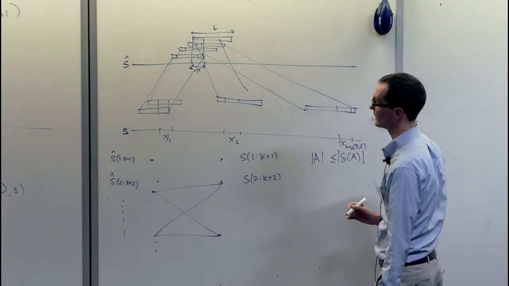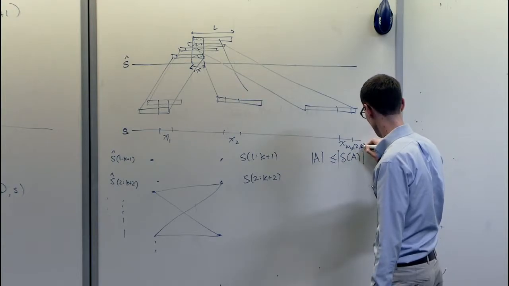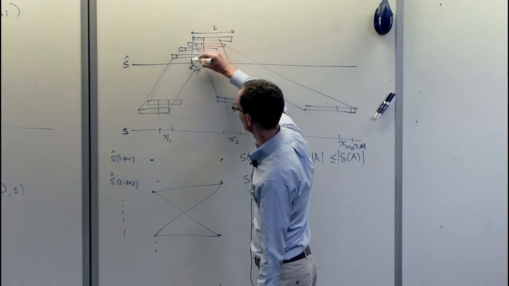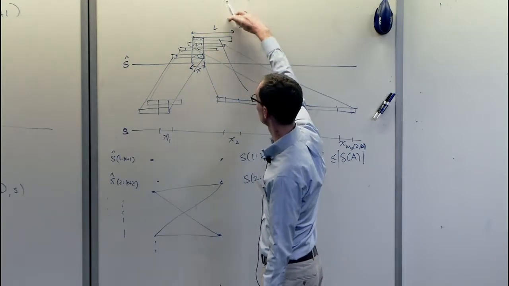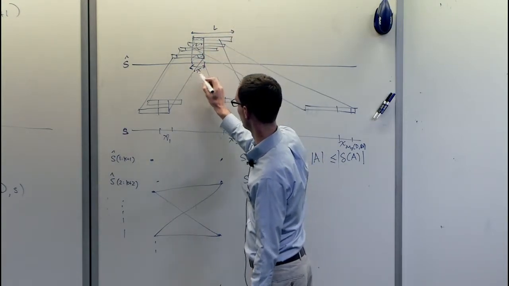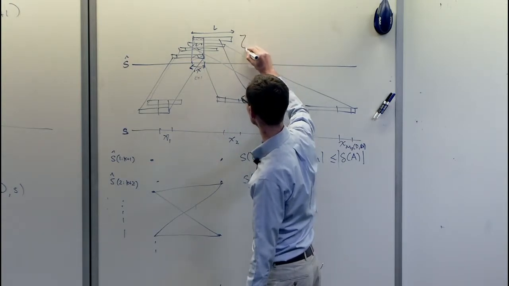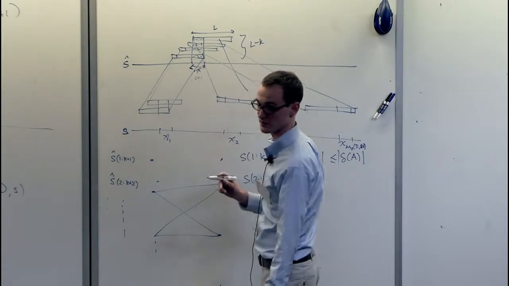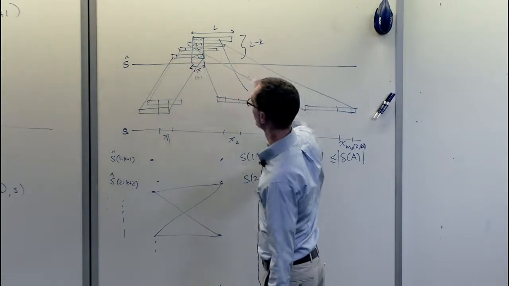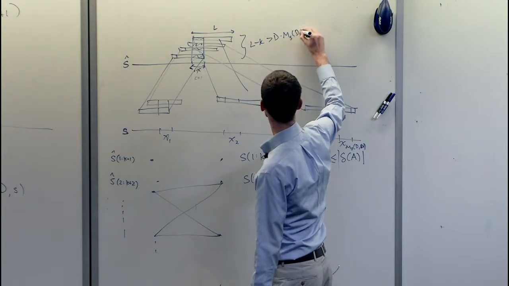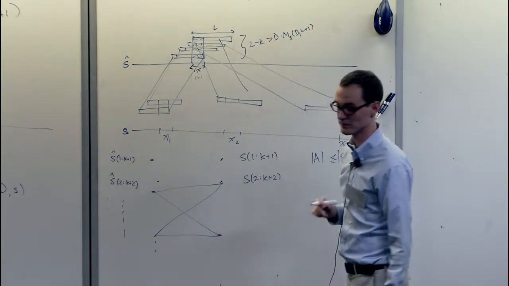Now, how many reads cover this sequence? Each read is of length L, and the length of X is k plus 1. So there are L minus k reads that completely contain it, which by that inequality is greater than d times M_S^D_{k+1}, right?